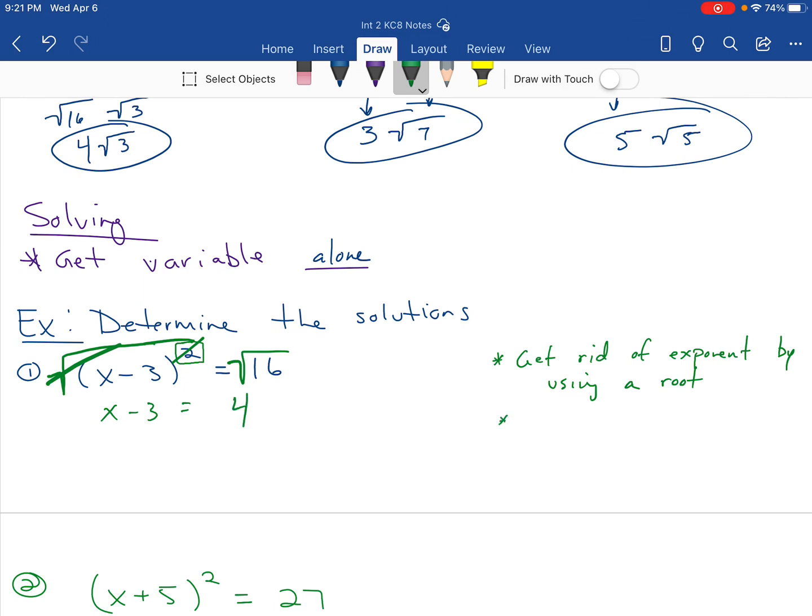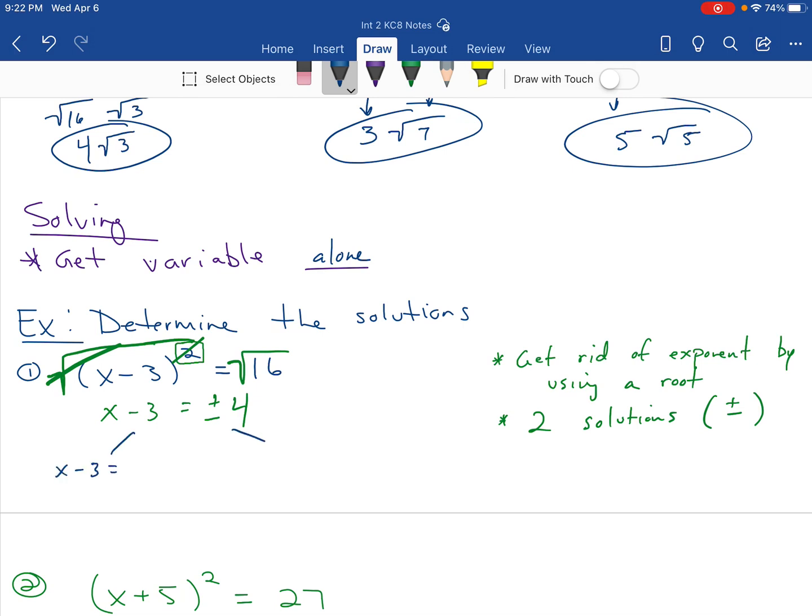However, when you take the square root of something, it will actually give you two solutions. A positive solution and a negative solution of that number. So it's not just equal to 4, it's equal to plus or minus 4. So you can actually split these up into two different equations.